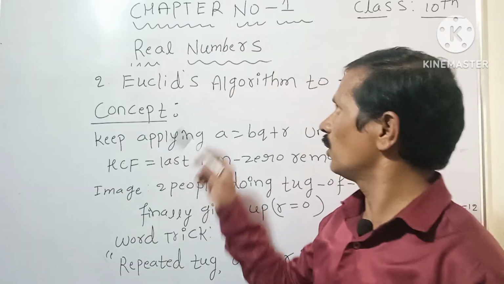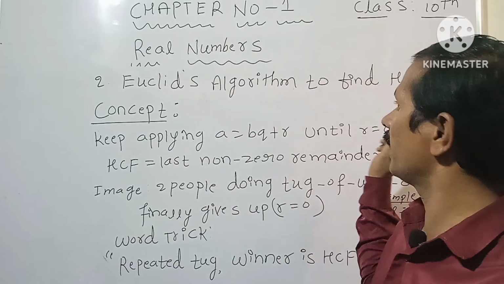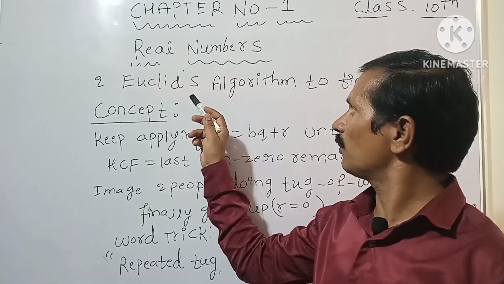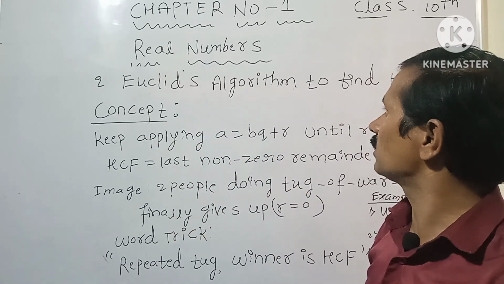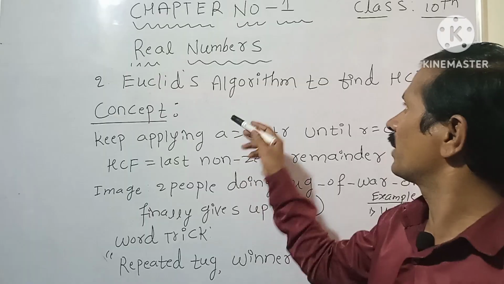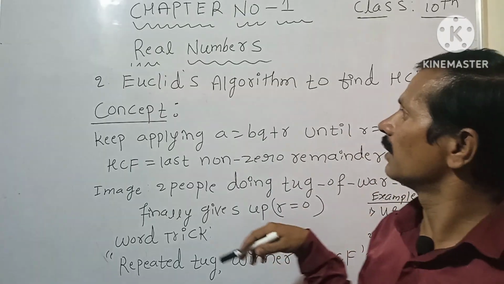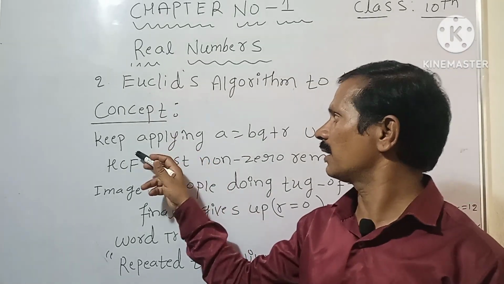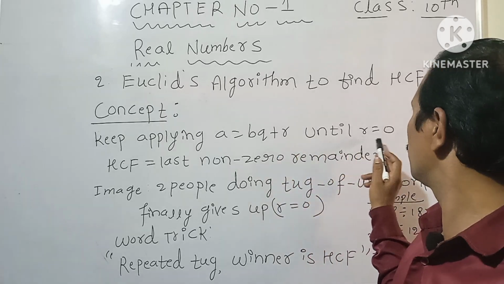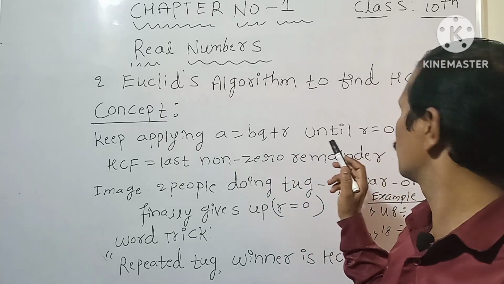Second point: Euclid's algorithm to find the HCF. A very important concept. Where do we use it? The concept is: keep applying a equals bq plus r until the remainder is 0.